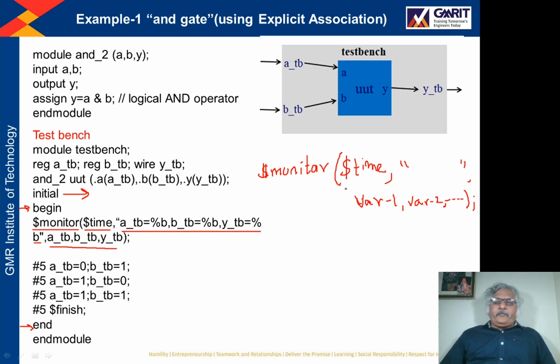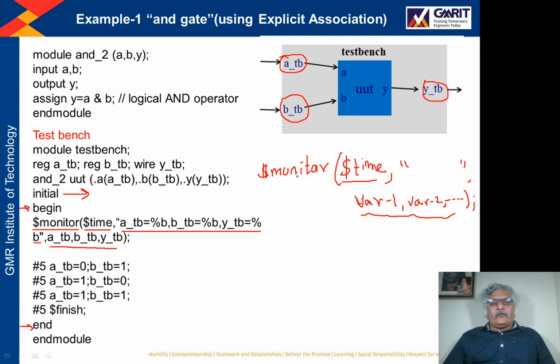Now here this $time is a directive of the simulator and it indicates the current simulation time. And these variable 1, variable 2 are the variables of the test bench. In the test bench we have the variable a underscore tv, b underscore tv is another variable, and y underscore tv is another variable.